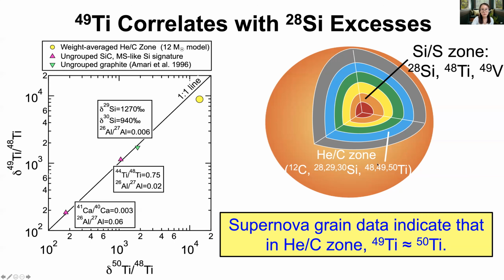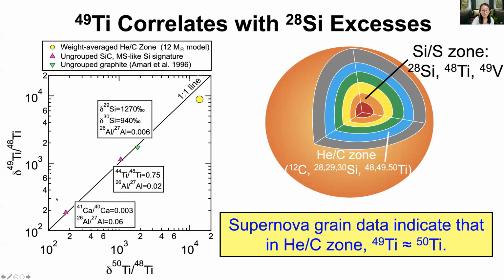What is even better here is that this production ratio can be inferred from the titanium isotopic compositions of these three ungrouped supernova grains with positive silicon isotopic ratios. These three grains have positive silicon isotopic ratios because they sampled more material from this outer helium carbon zone, so that they are enriched in the minor isotopes of silicon.